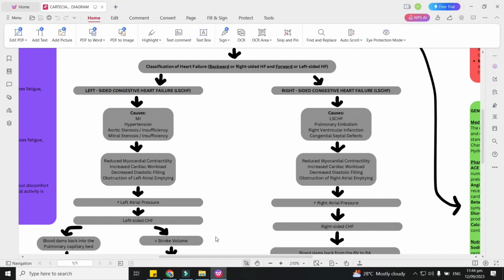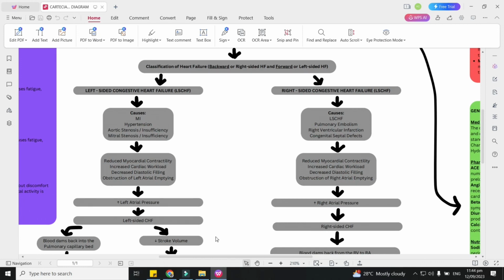Okay, so let's talk about these two classifications of heart failure. We have backward and forward. When we say backward, it's all about the right-sided, and when we say forward, it's all about the left-sided. So let's talk first on the left-sided congestive heart failure. Why?